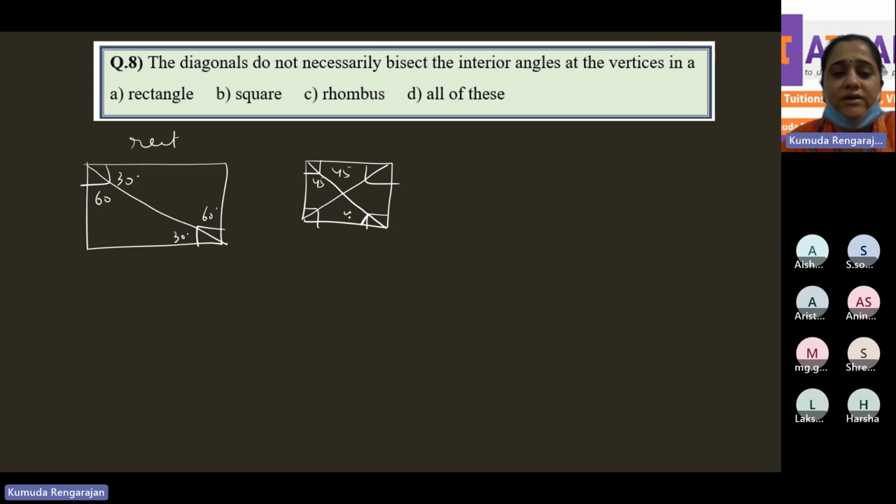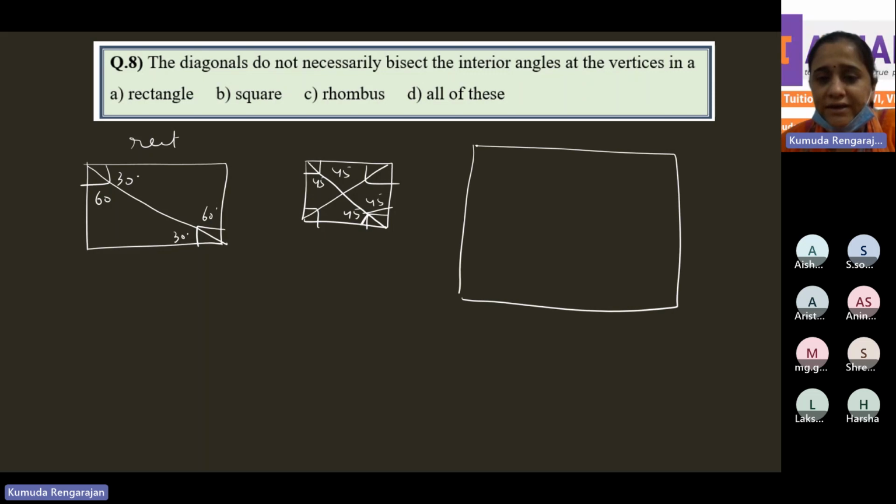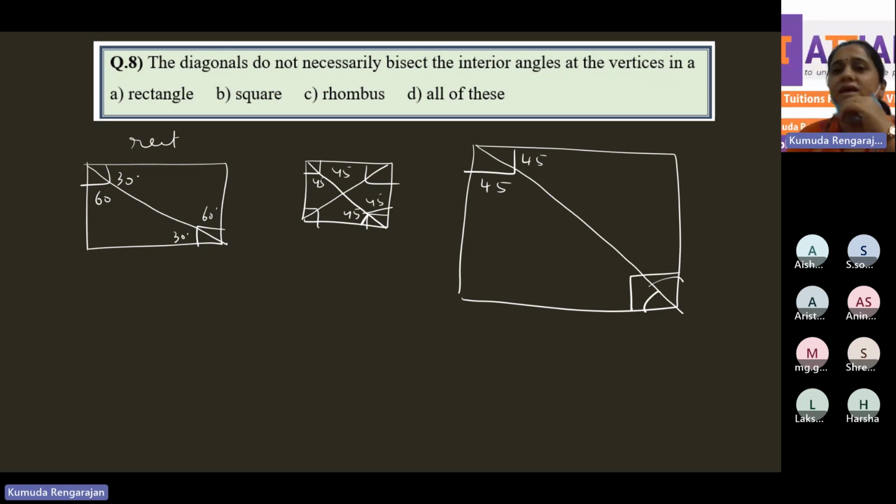We have spoken about all the angles of a square. I said the values are fixed. In a square, the diagonal bisects the corner angles. This angle, it's 90. It's 45 here and 45 here. In a square, the diagonals bisect the interior angles.